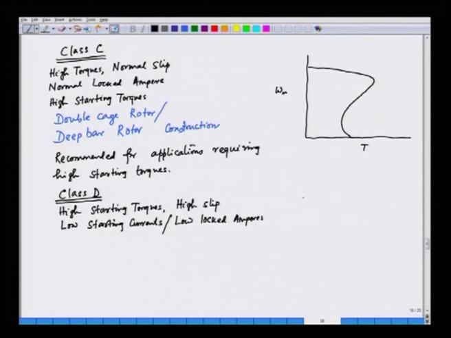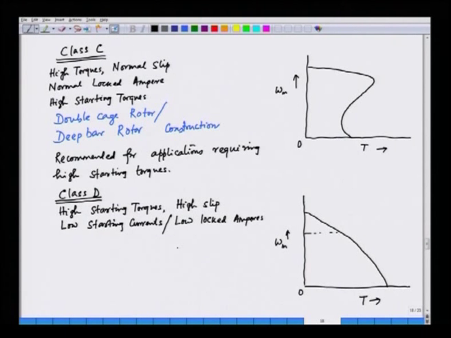If we see the characteristic of this class of motors, we will have the torque speed characteristic like this. This is omega m here, and we have the torque. Here we have high starting torque, but we have high slip as well. The full load slip is quite large. This is the full load slip.